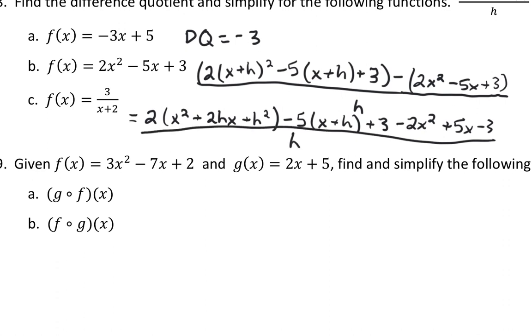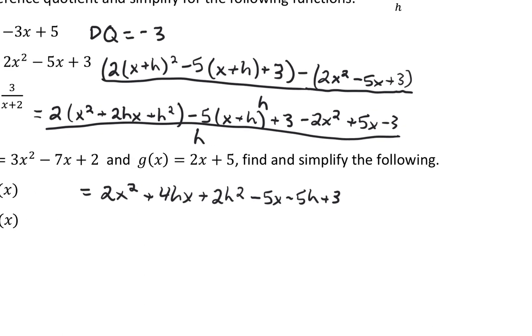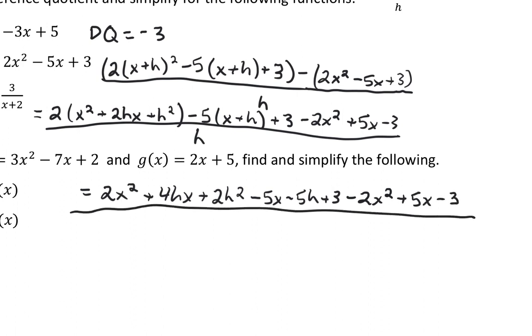I'm going to continue down here. So this is 2x squared plus 4hx plus 2h squared minus 5x minus 5h plus 3 and minus 2x squared plus 5x minus 3. So finally, after we've expanded this all out, we're able to start simplifying some things.